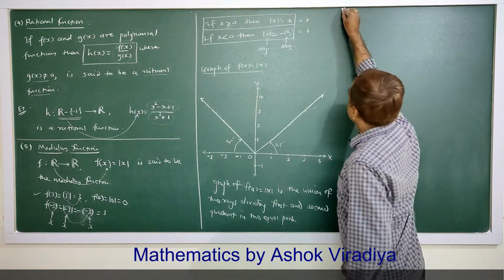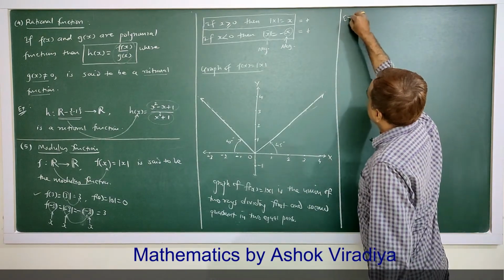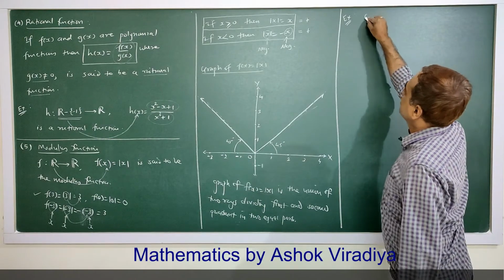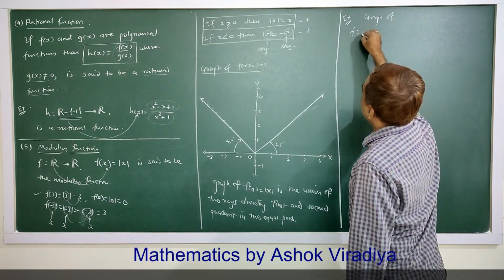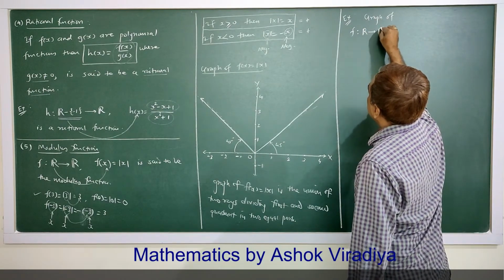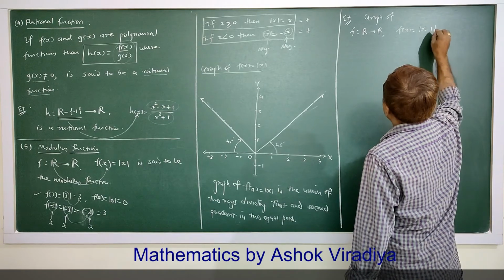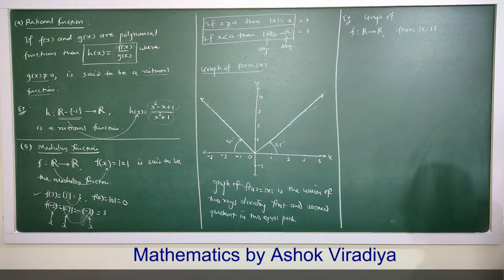Now suppose we want the graph of a function from R to R, f(x) equal to modulus of x minus 1. Let us calculate images.